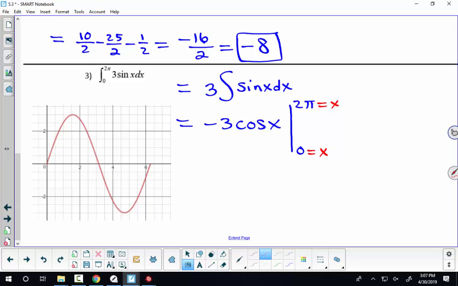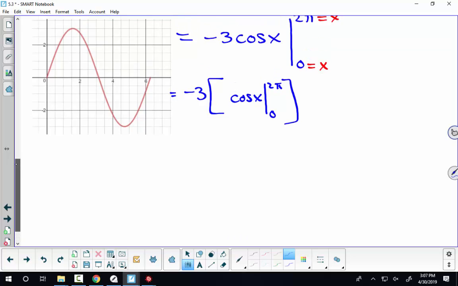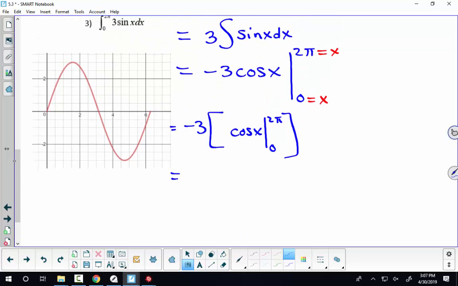The negative 3 doesn't really matter. It's just multiplied by the cosine. So if you wanted to, we could look at this as negative 3 times cosine x evaluated from 0 to 2 pi, and then just multiply the result by negative 3. So we have negative 3 cosine evaluated at 2 pi.